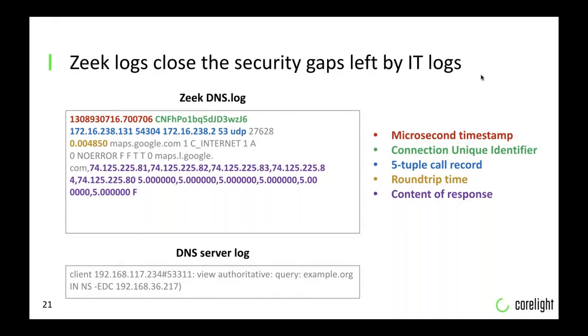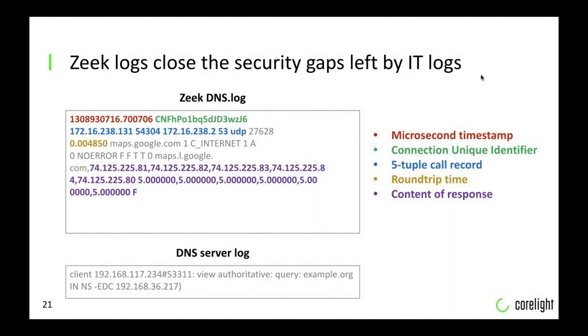So every single field in the hundreds and hundreds of fields that are spread out across all of these Zeek logs are there because someone in security said, that's valuable, I need that in my investigations. So here on the top, you see an actual sample Zeek DNS log. And then below, you see a typical DNS server log, right? Obviously, optically, just looking at it, you can see that there's more data in the Zeek DNS log. Okay, so what? Does that data matter? It turns out it does, right?